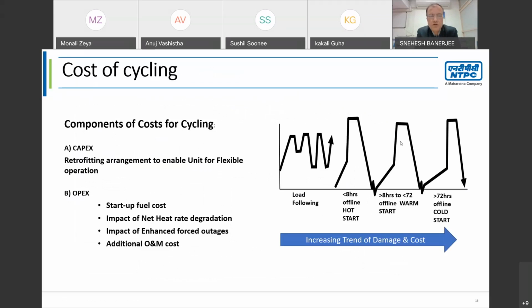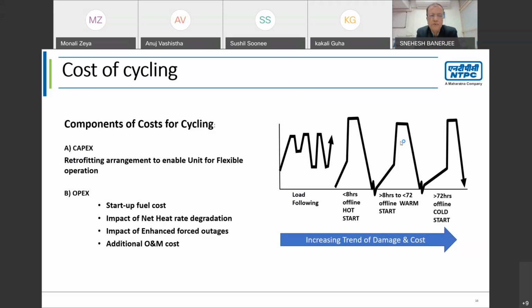So if we see the cost of cycling, there are two basic elements, the capex and operational expenditures. The capex may vary depending upon the type of technology and the type of coal it is burning. There are multiple solutions, but based on the pilot studies carried out, we have to take these capex into consideration.